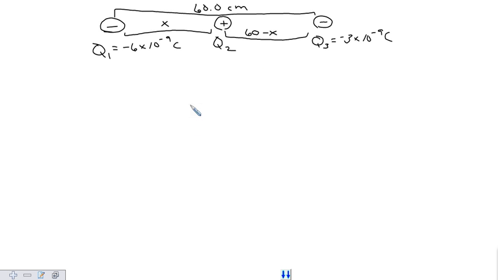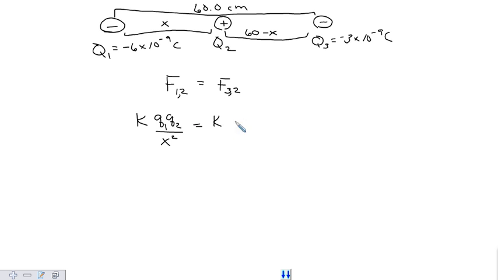and this charge Q2. So if I want to have equilibrium, I want to have the force of 1 on 2 equal to the force of 3 on 2. And when I put my Coulomb's law formula in here, I have constant, charge of 1 times charge of 2 over the distance between them, which is x squared.